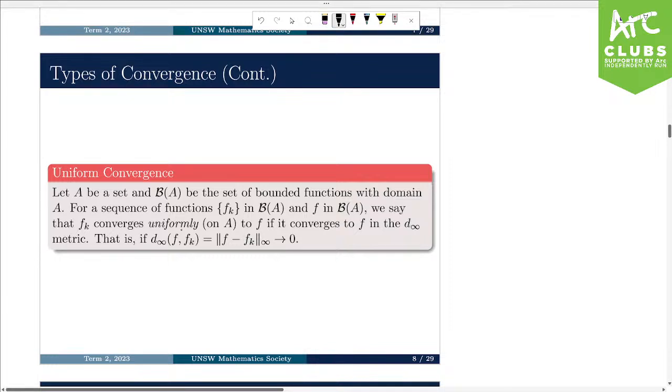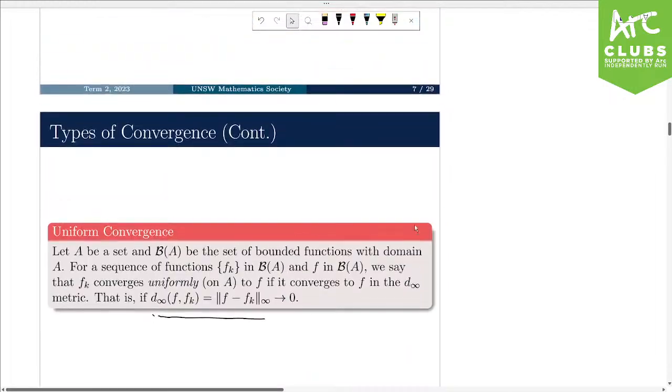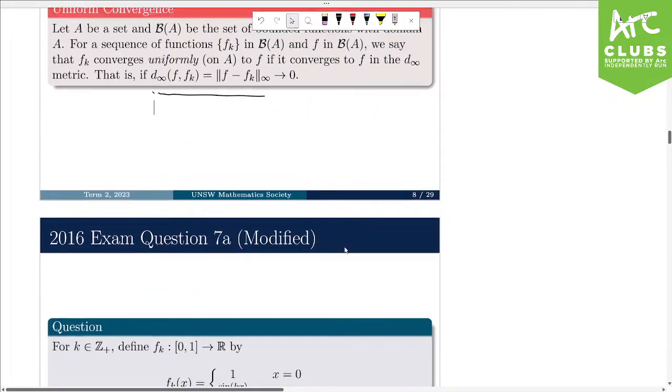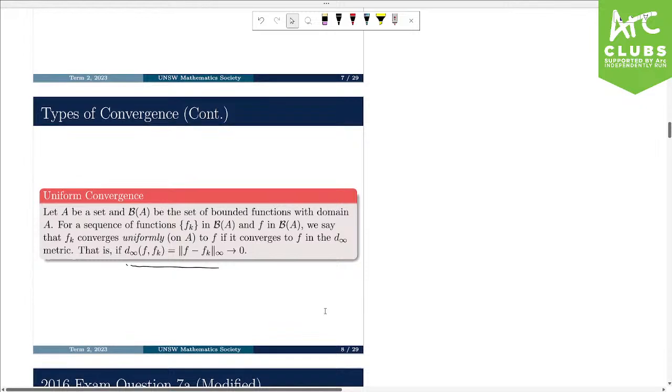Okay, so uniform convergence means we need the maximum difference between two functions to get closer as we increase k. So we can express that like this. And now, before we go on to an example question, there's also the LP norm convergence.